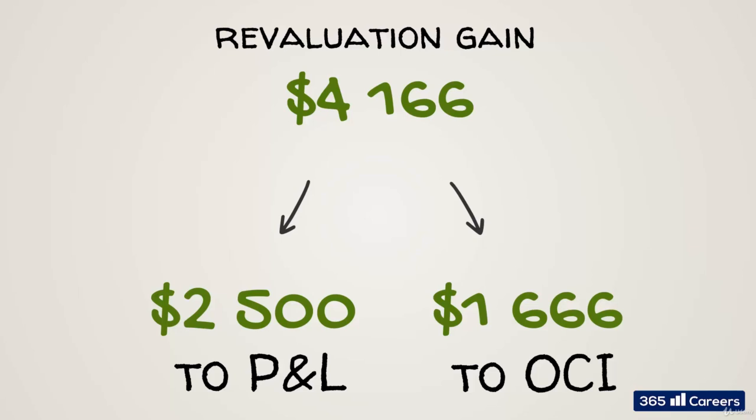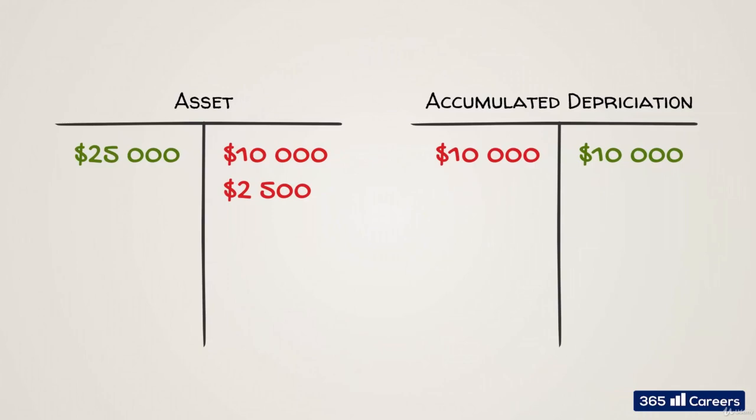To be precise, $2,500 will go to P&L, and $1,166 will go to OCI. Makes sense, right?